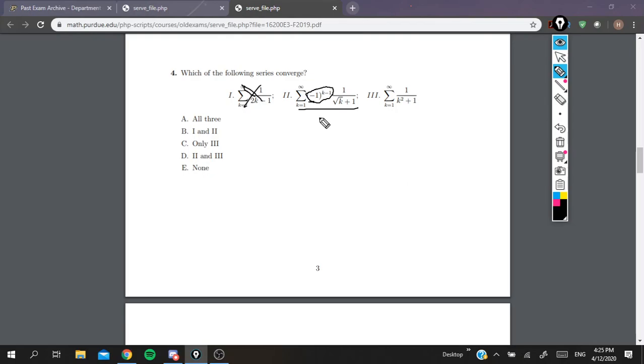So when you test this, you should think of the alternating series test, in which we have alternating negatives and positives, and there are two criteria you need to meet: the limit of this term is going to 0, and the terms have to get smaller as you go. So let's see if this meets those two criteria.